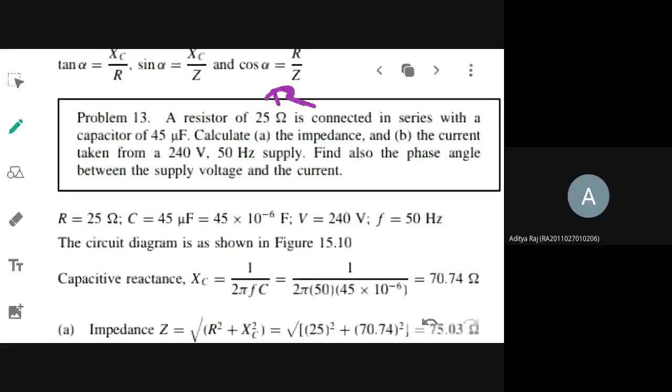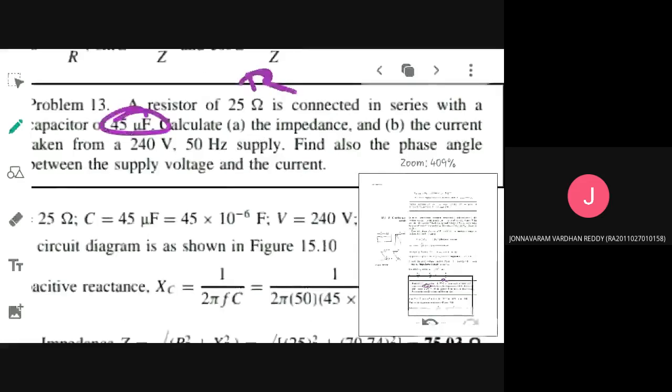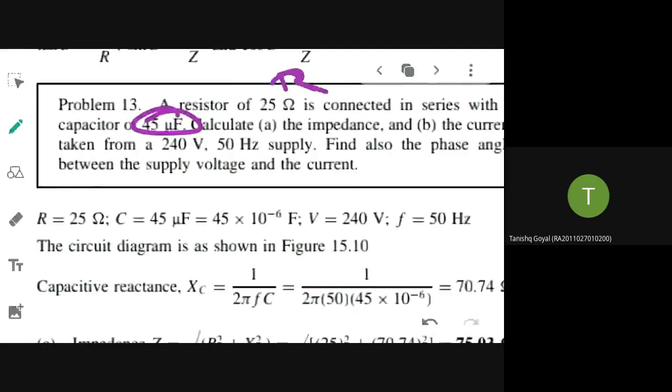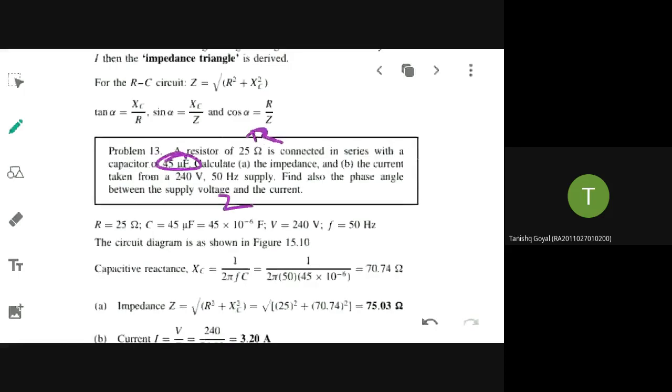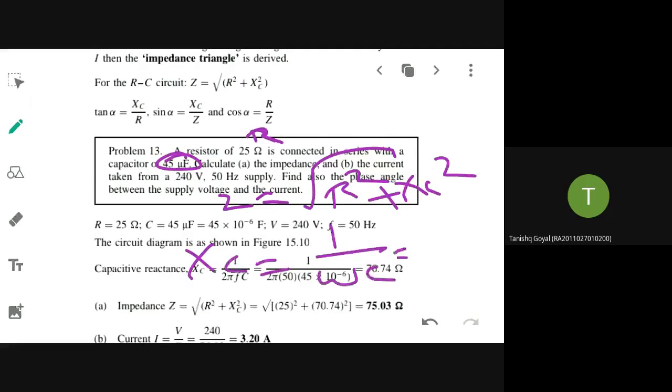Impedance Z is equal to under root R square plus XC square. So XC, what is the formula for XC? 1 divided by omega C, so 1 divided by 2 pi FC. F is given to be 50 hertz.